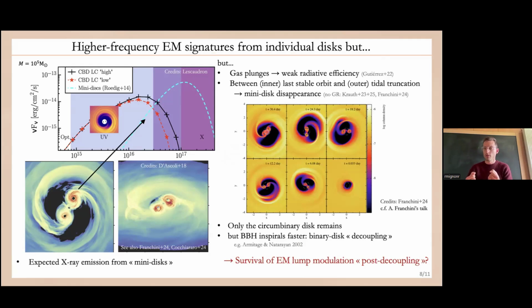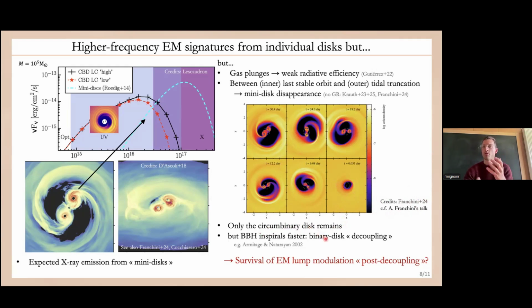Second, there is also the fact that whenever the binary approaches, there is less and less space, less and less region of stable orbits for the mini disks to even exist. And here you really see it on this sketch, as the size of the mini disk reduces as the binary approaches coalescence. That's from a paper by Alicia. So you can expect that at some point, only the circumbinary disk will remain.